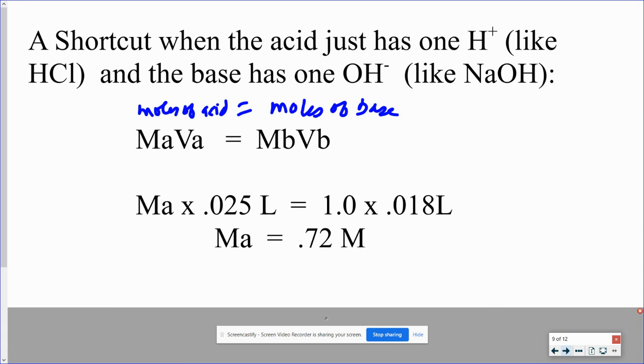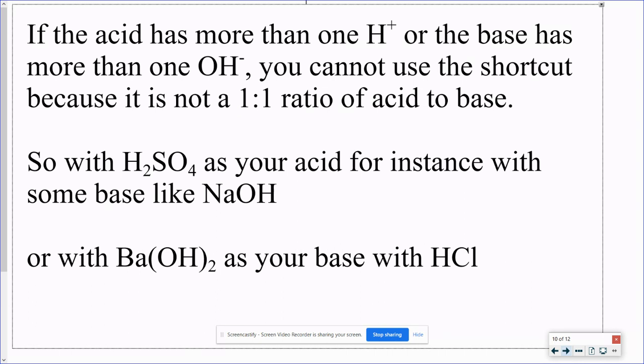But you cannot do that if your acid has more than one H, because then that's not true that the moles of H equals your moles of acid. Or if your base has more than one OH minus, it's not true that your moles of base equals your moles of OH minus.